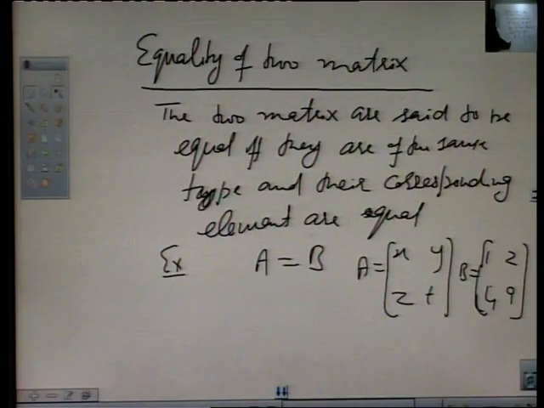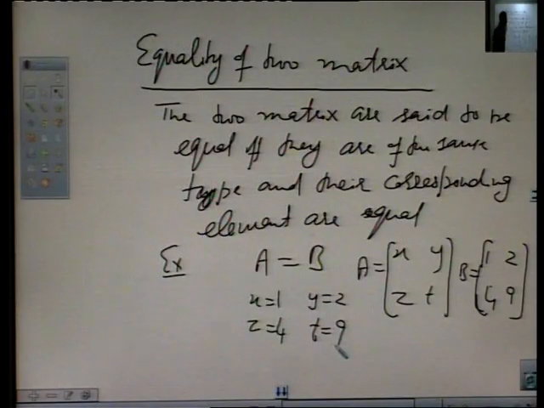A and B are equal when they are of the same type. A is a 2 cross 2 matrix and B is also a 2 cross 2 matrix, so they are of the same type, and their corresponding elements are equal. Then x equal to 1, y equal to 2, z equal to 4 and t equal to 9.